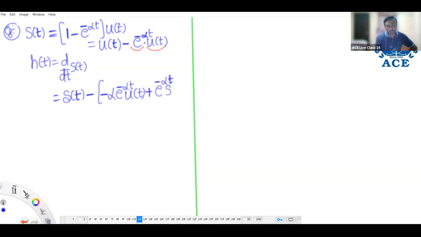What is the differentiation of u of t, sir? Del t. According to the product property of impulse, the second quantity is del t, impulse exists at 0, e power 0 is 1. So the del t cancels. What is the new answer? Alpha e power minus alpha t u of t.